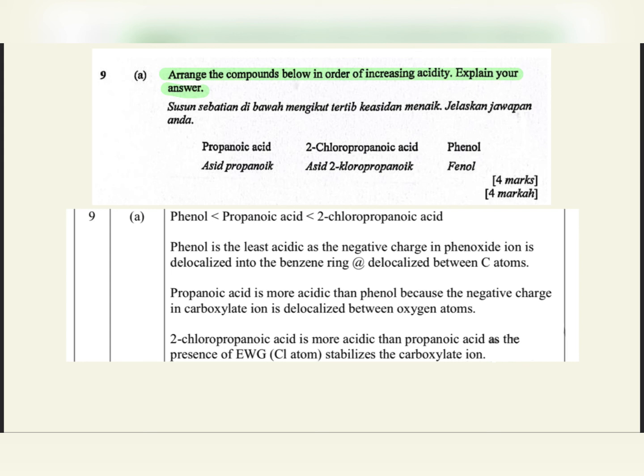Okay, cumanya dekat sini you have propanoic acid both, tapi this one dia ada chloro. Okay, so these are the structure. Ini 2-chloropropanoic acid, and this one is propanoic acid, 1, 2, 3 carbon, and this is phenol.